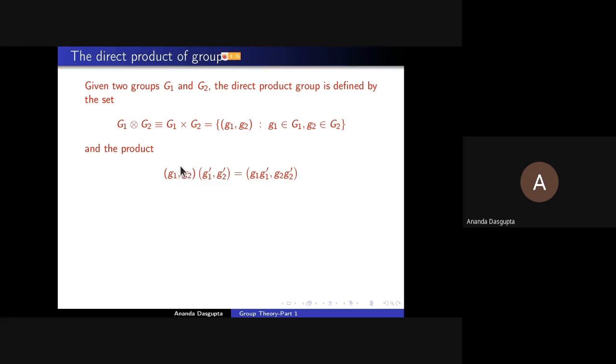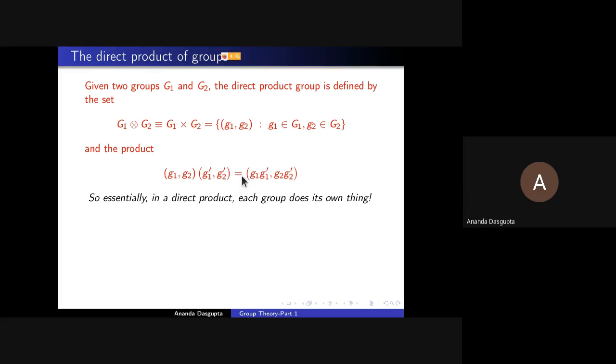The answer is, g1 and g1' are both elements of the first group G1, g2 and g2' are elements of the second group G2, and they just compose independently of each other. g1 composes with g1' according to the rule of the first group, and g2 composes with g2' according to the rule of the second group. Nothing really great, nothing new, right? All you are saying is the two groups essentially work on their own.